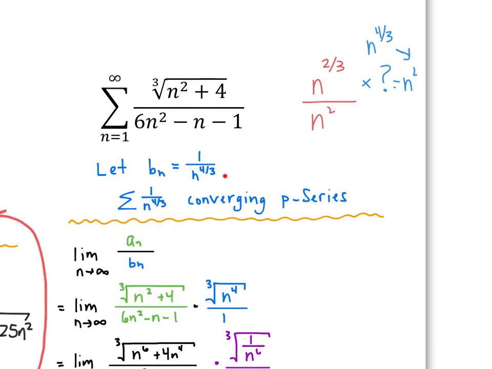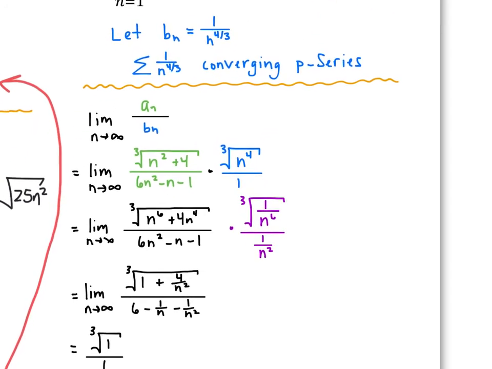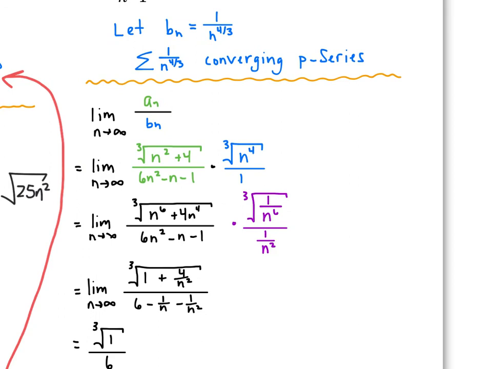1 over n to the 4/3, because when we set up our limit, dividing by a fraction is like multiplying by the reciprocal. Okay, so we're going to let bn be 1 over n to the 4/3. So we're going to compare it to that series, which is a converging p series with p being 4/3, greater than 1. So now when we set up our limit comparison test, we're going to take the limit as n goes to infinity of an over bn, which is like multiplying by the reciprocal.